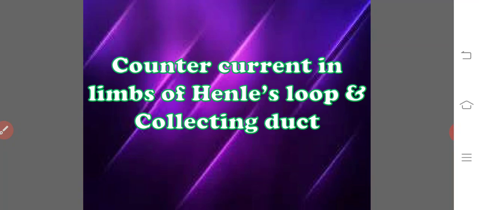This is the first kind of countercurrent in the kidney. Here the arrangement of the limbs of Henle's loop and the collecting duct is parallel, but the flow of solutes in these vessels is opposite.